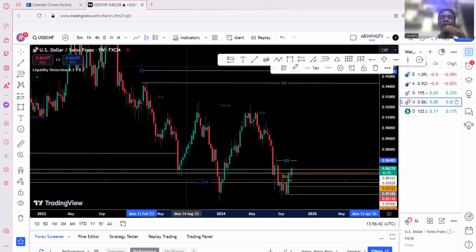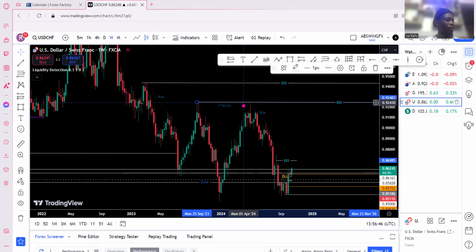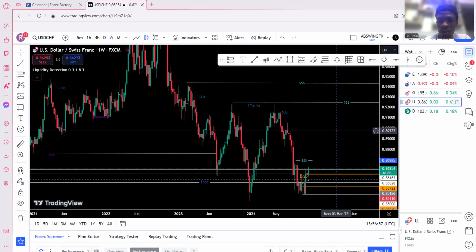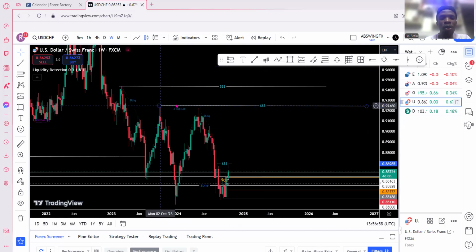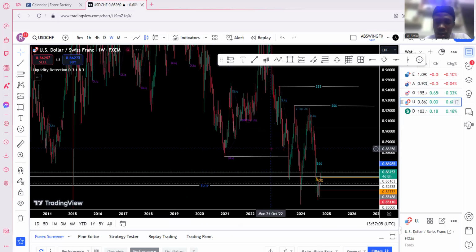That's why I always put a lot of liquidity there, to load up liquidity and exit area.